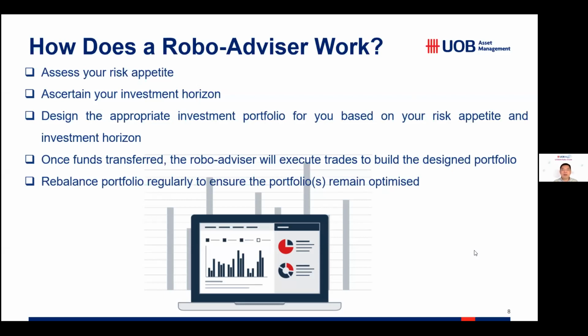And then from time to time, we would rebalance your portfolio to keep it optimized. What do you mean by rebalance? Okay, assuming that you have a portfolio where you invest 60% in stocks, 40% in bonds, right? Over time, stocks tend to generate higher return, and you might end up with a portfolio that becomes 65% in stocks simply because of the appreciation, and 35% in bonds.